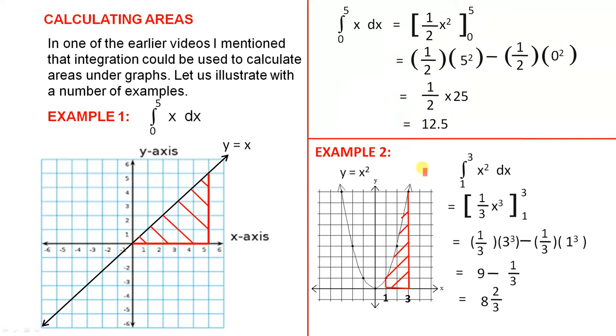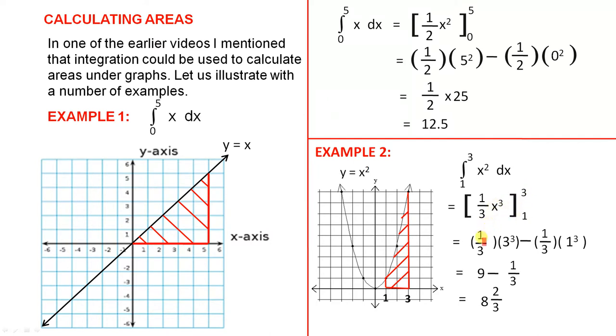Now, we're going to illustrate using a curve, which is what we normally do. We normally use integration to find the areas under curves. This time we're going to find the area under the curve y equals x squared between 1 and 3 and the x-axis. So the integral of x squared dx between 1 and 3, integrating x squared gives us a third x cubed between 1 and 3.